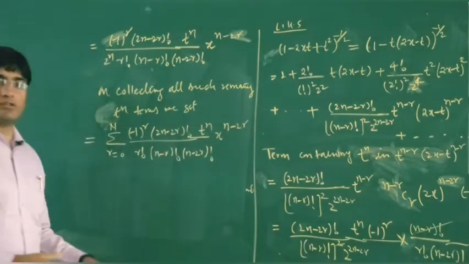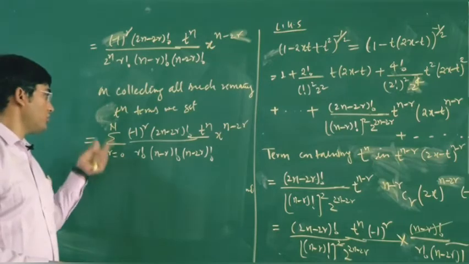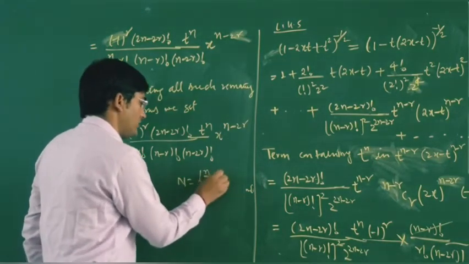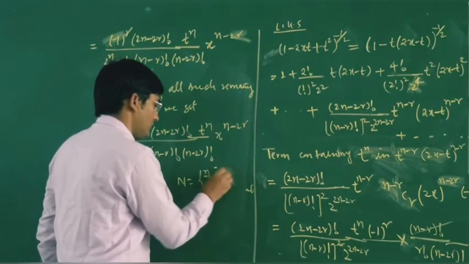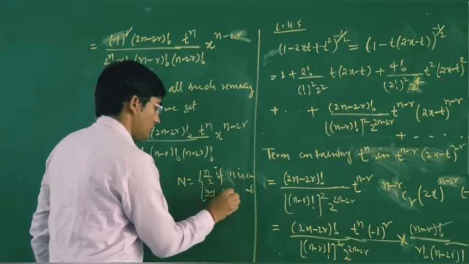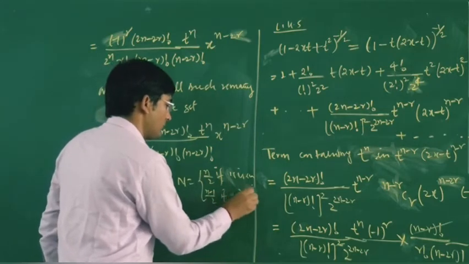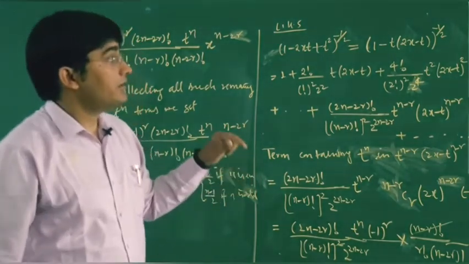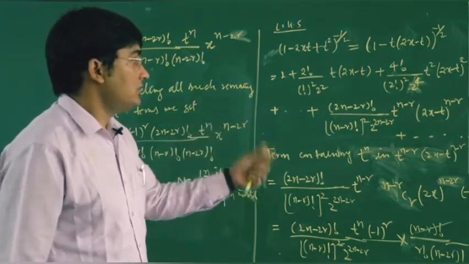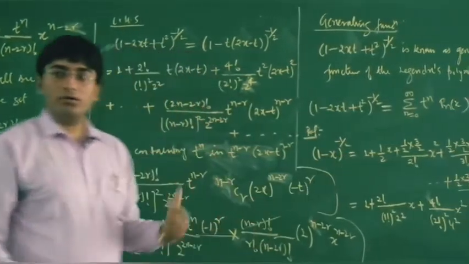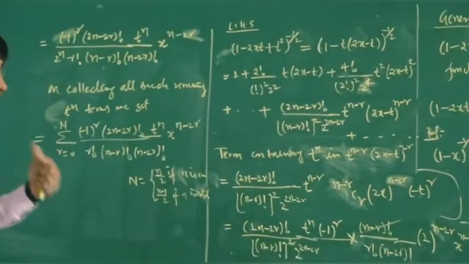And if you collect all terms, here I am going from 0 to n by 2 because your n is given. If n is even, the last coefficient is either 1, that is x power 0, or a power of x.